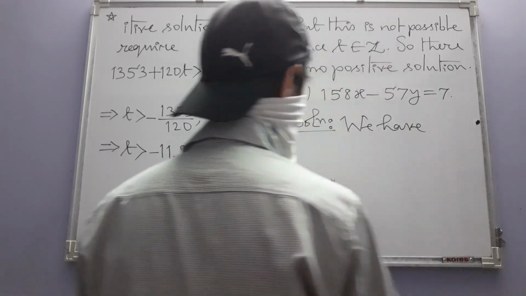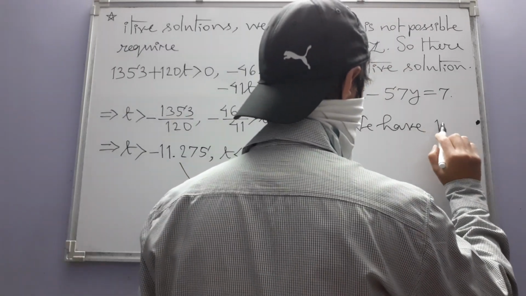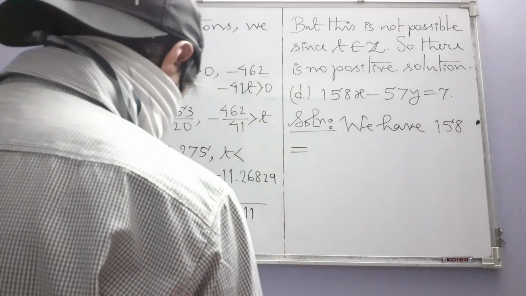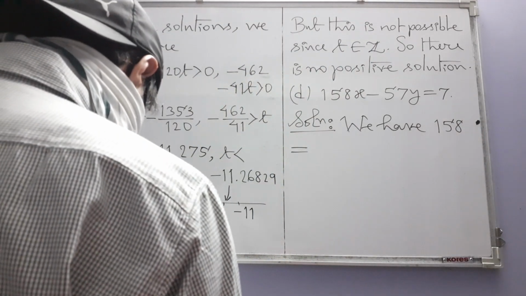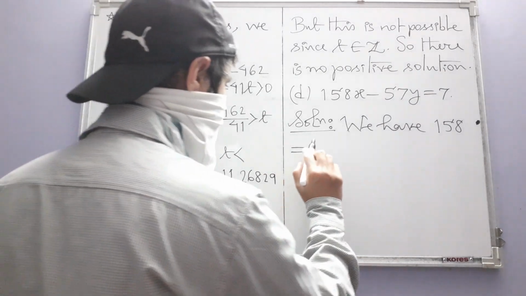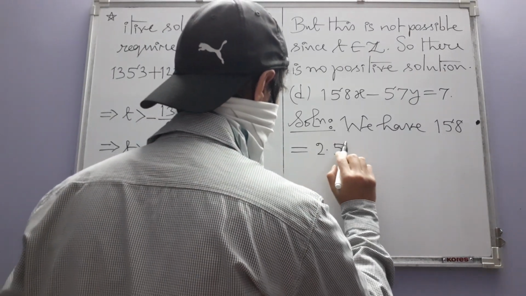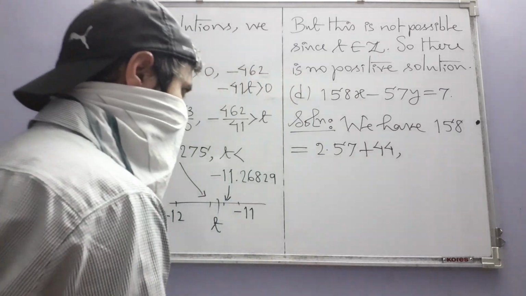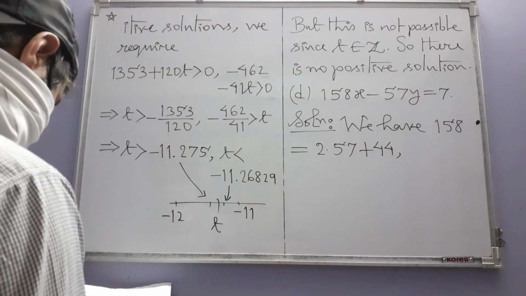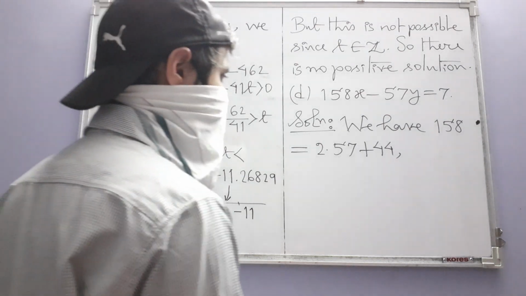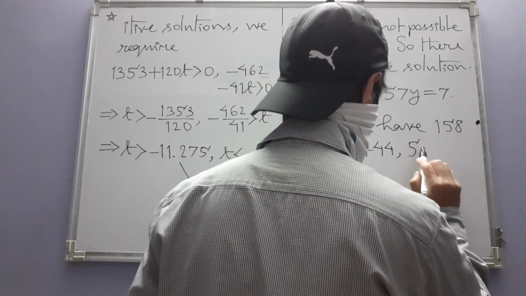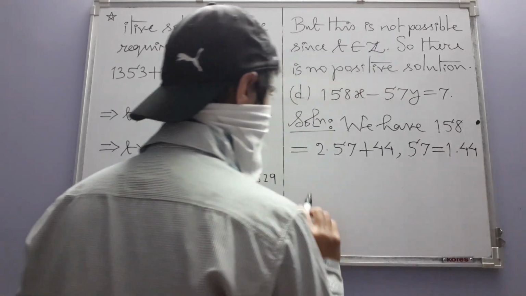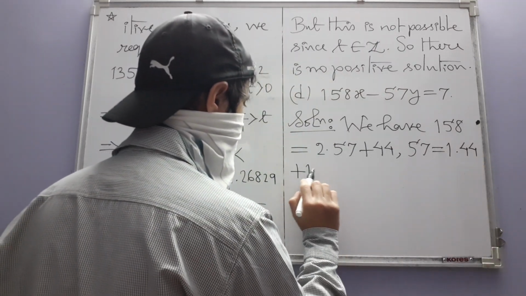We have 158 is equal to 2 times 57 plus 44. So here the 44 is our remainder. Next we divide 57 by 44: 1 times 44 plus 13.